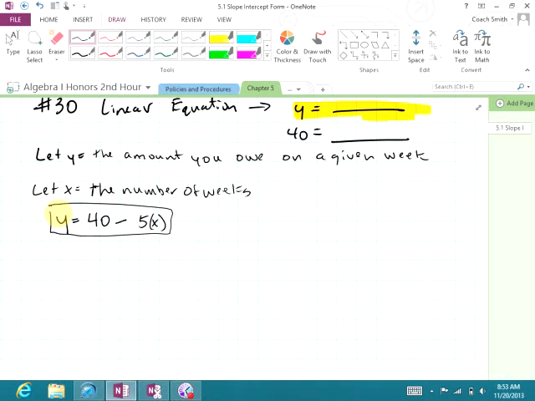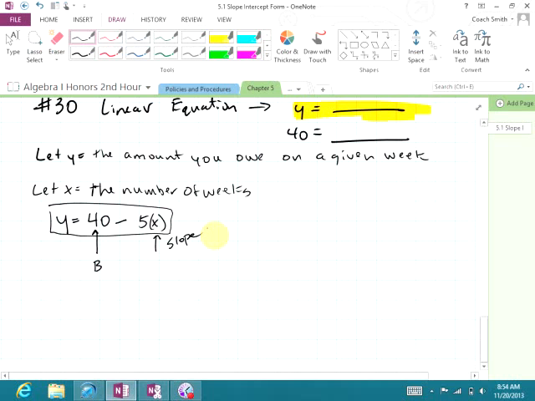You don't have to put it in mx plus b form. That would be your b, and negative 5 would be your slope. You could actually do a graph on this, but you don't have to do all that.